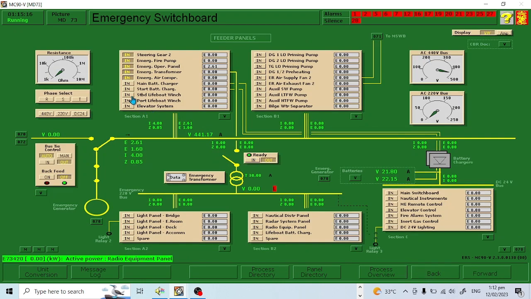So what else? Main battery charger. For example, if the problem lasts a little bit longer than you expected, you still have some power supply to charge your batteries, because, as you can see, it is also charging the batteries for your emergency generator.